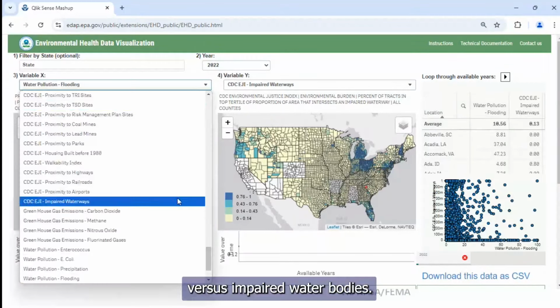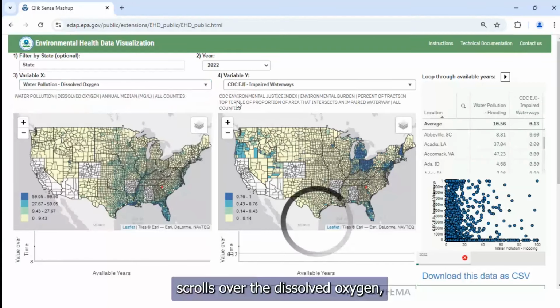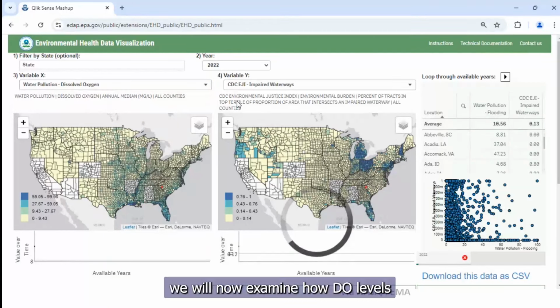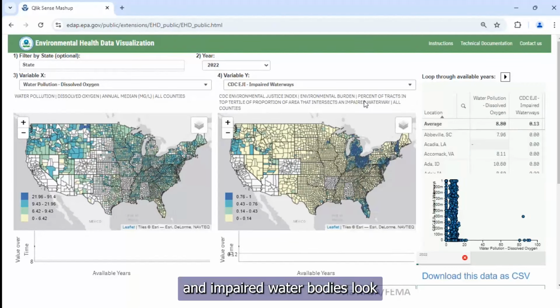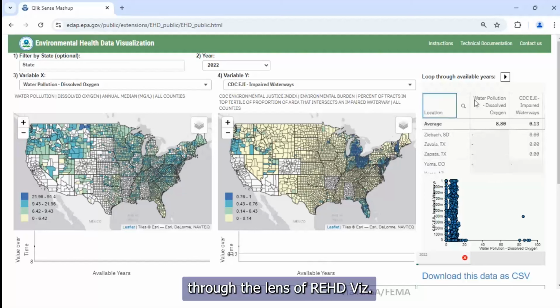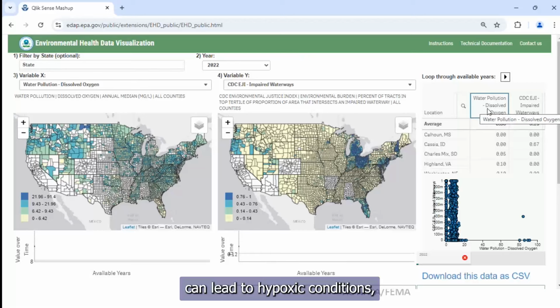impaired water bodies. As Sala scrolls over to dissolved oxygen, we will now examine how DO levels and impaired water bodies look through the lens of RedViz. As you know, DO is crucial for aquatic life. Low levels can lead to hypoxic conditions, thus threatening aquatic life.